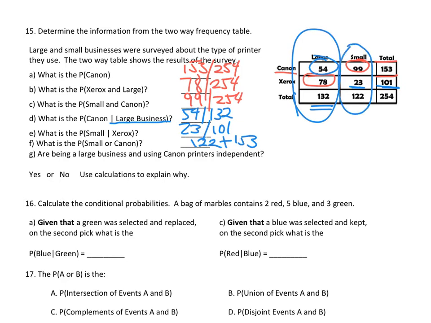But when we do that, we see that we add up that number 99 twice. So we have to take away small and Canon, that 99. Doing that calculation, we'll get 176, and that's out of a total of 254.